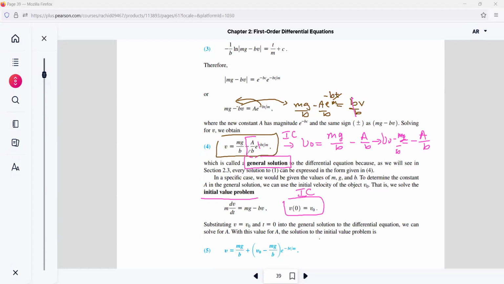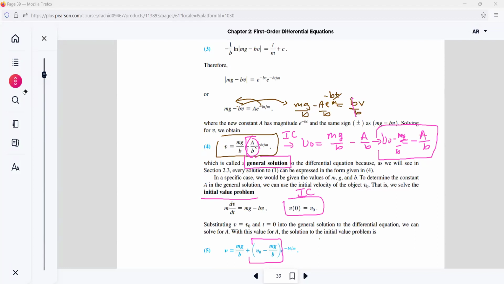So in this general solution, we can replace that negative A over B with this new quantity here. All right, and that's what's going on here. That's it. So now when you take that and put it there, you get the solution to the initial value problem, right? So this is important to understand as we go into engineering and other fields.